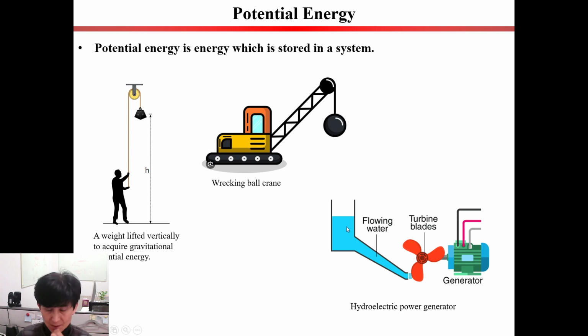If water is stored at a high position by a dam, by blocking the water flowing through a river, then the potential energy stored by the height of the water position can be used to generate electric power by rotating a turbine. That is the method used to convert potential energy to electrical energy.